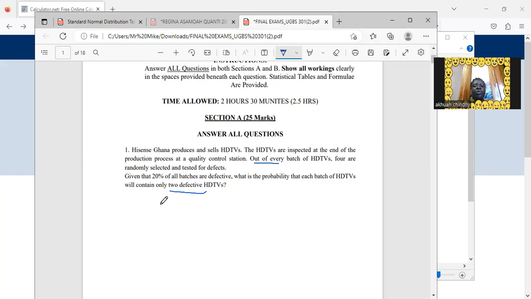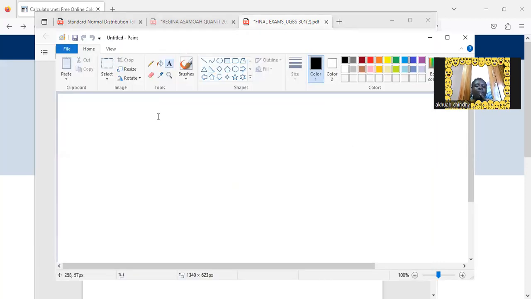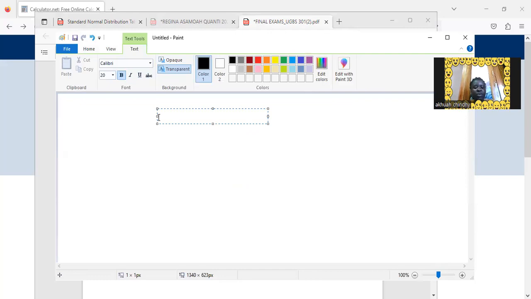All right. So we know that with the binomial distribution, the basic formula is, let me write it here. I think that would be better.